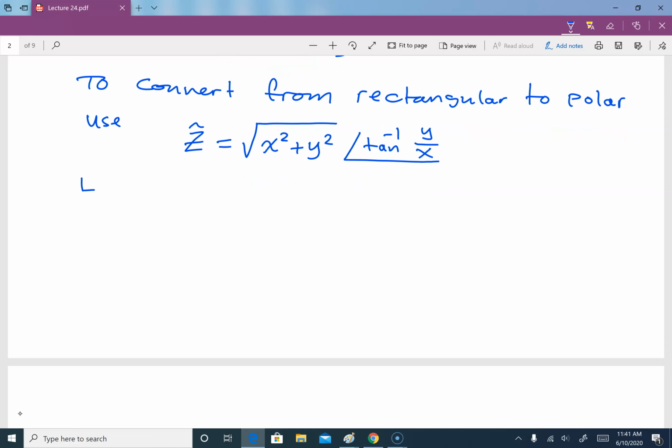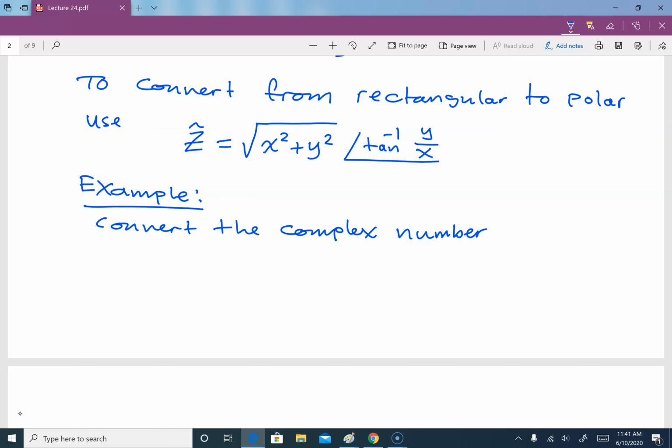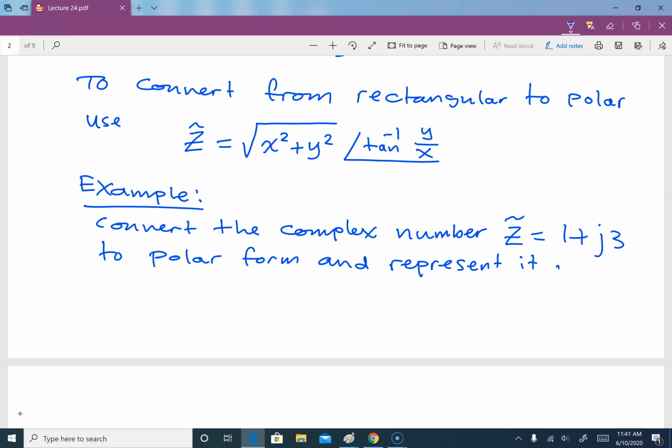So let us go over an example here. We would like to convert the complex number z equal to 1 plus j3 to polar form, and represent it in a phasor diagram.